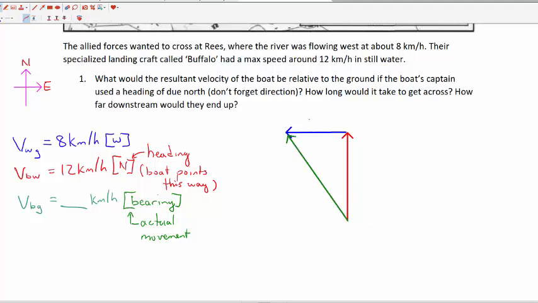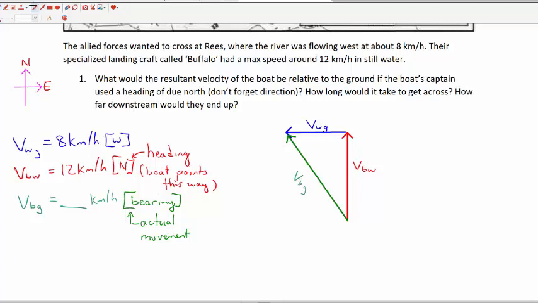Okay, so if this is the velocity of the water relative to the ground, and this is equal to the velocity of the boat, or the Buffalo, in still water, what would actually happen is we'd have a boat facing north, but going actually in this direction where our green line is indicated here.